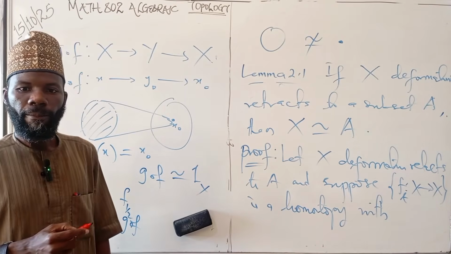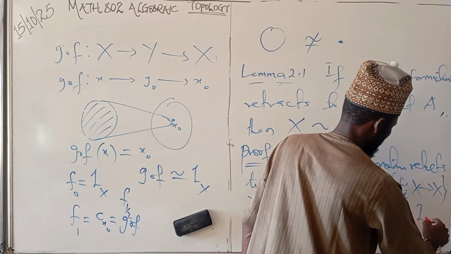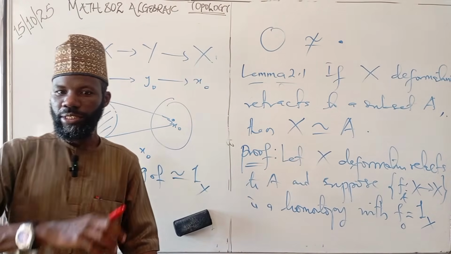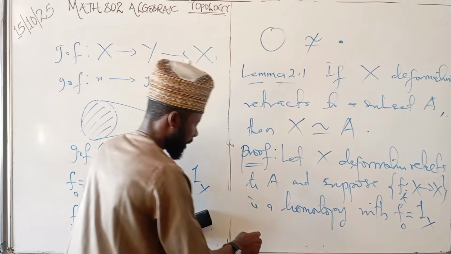With F naught being equal to the identity on X. That is, the deformation should be from the identity to a retraction.